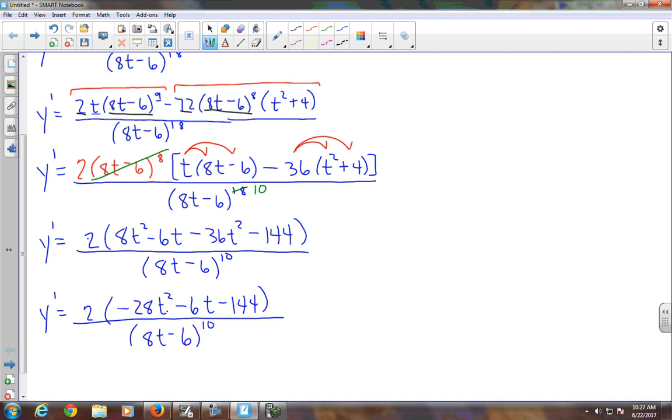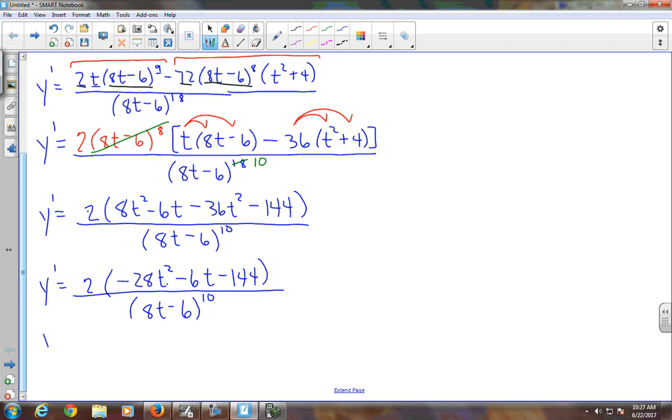So far, so good? Now, if we want to express it as we have there in the answer sheet, we can simply distribute that 2, and it will match perfectly. That would give us negative 56t squared minus 12t minus 288. Okay, so that matches the answer.